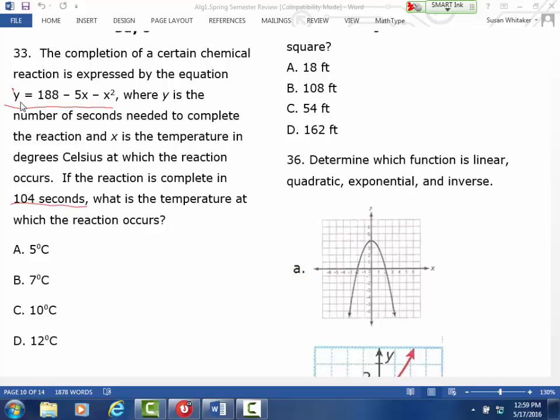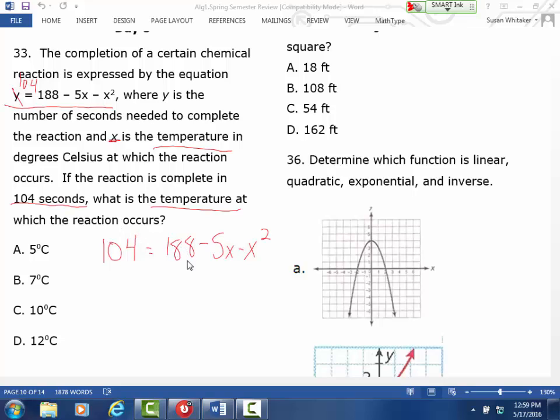So y is 104. Okay. So we know that 104 is equal to 188 minus 5x minus x squared. And then they want us to find out what x is because they want to know what the temperature is, and temperature is our x.